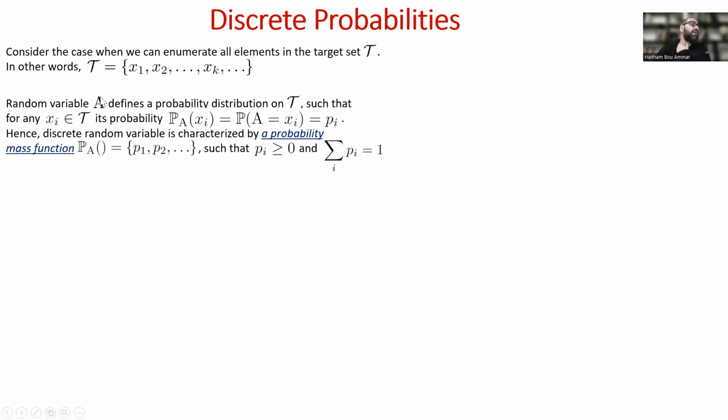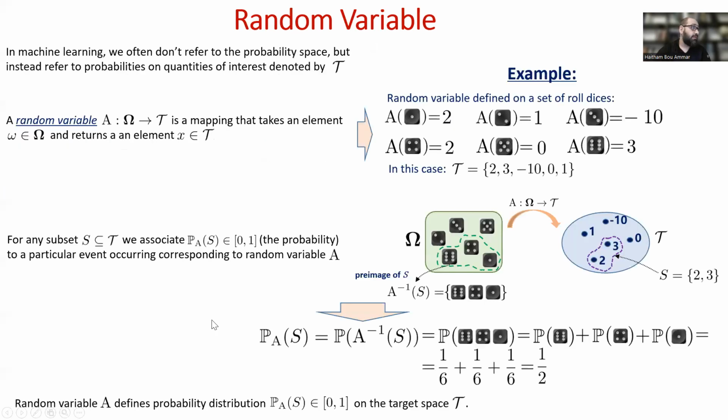Now, a random variable A defines a probability distribution on T. Remember, the random variable will define a probability distribution.